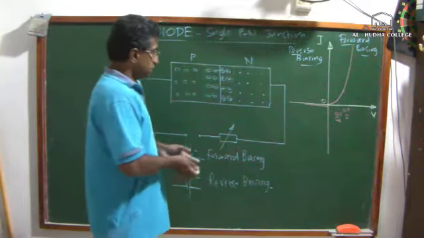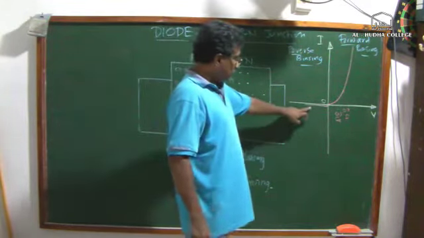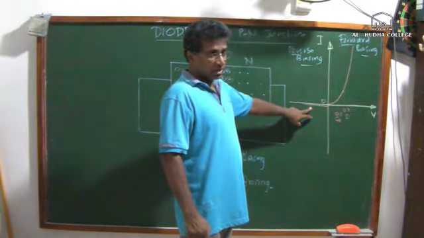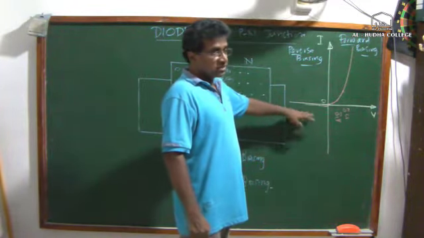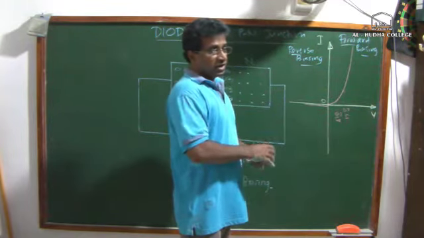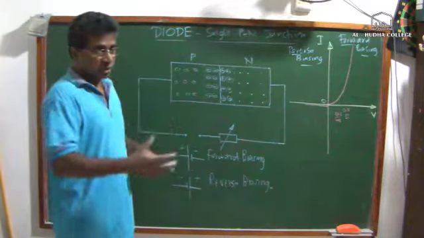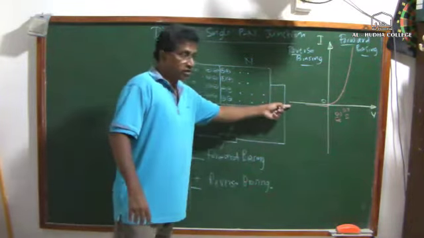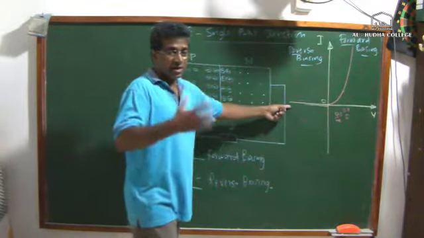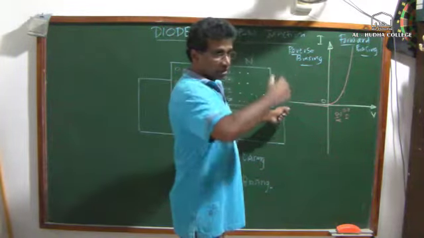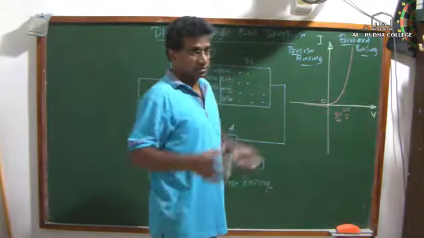What happens is that the reverse saturation current, caused by the minority carrier electrons, these electrons will gain more energy. Because you keep on increasing the negative voltage, they start gaining momentum and bombard other electrons in the structure.